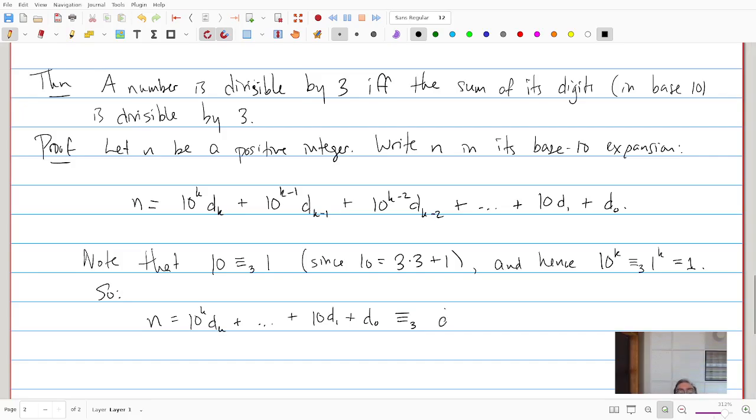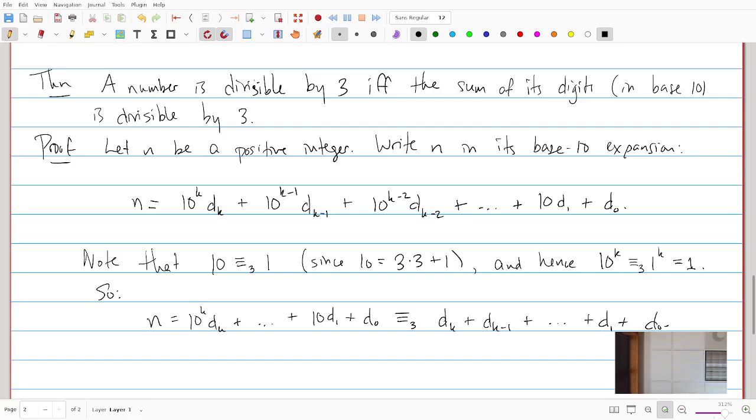So I'm just left with d_k plus d_(k-1) plus dot dot dot plus d_1 plus d_0. That's the sum of the digits, right? So in other words, this is saying that n and the sum of n's digits in base 10 are equivalent modulo 3. So they have the same remainder when you divide by 3.